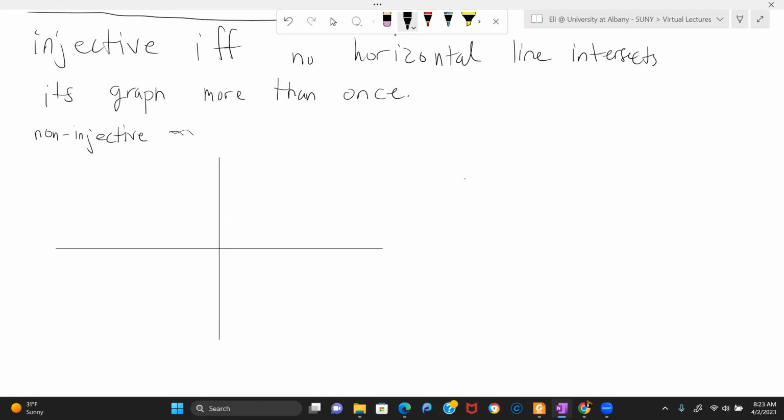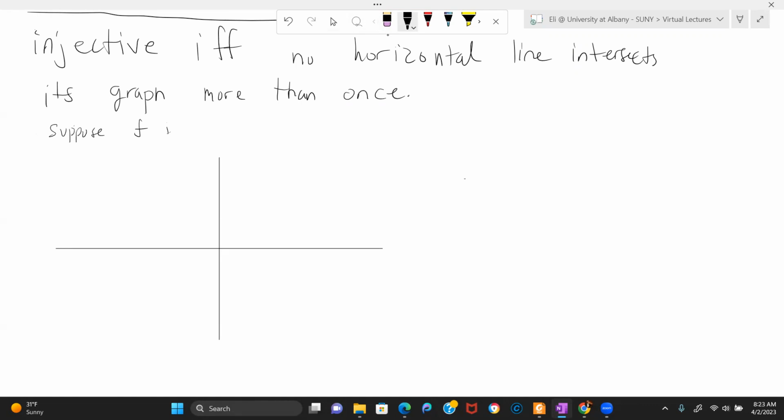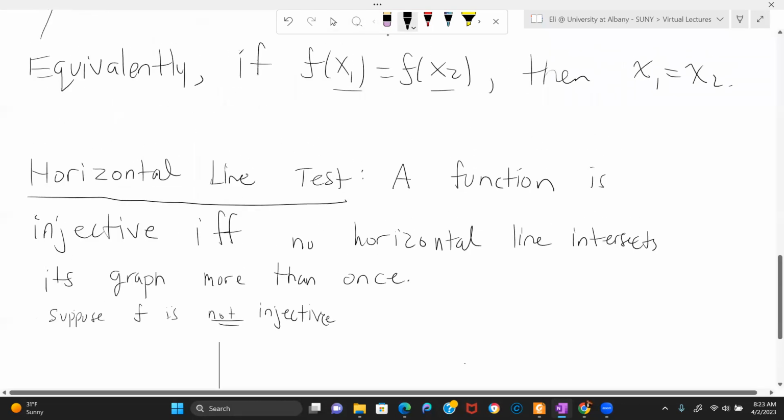If you're non-injective, what does that mean? Let me back up a little bit. Let's try to justify this criterion. Suppose f is not injective, so we don't satisfy the definition of injectivity.